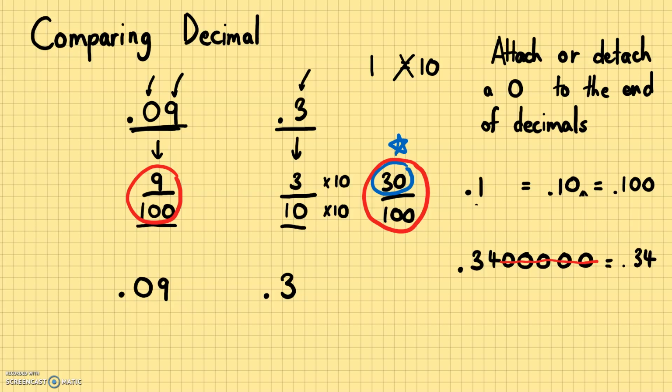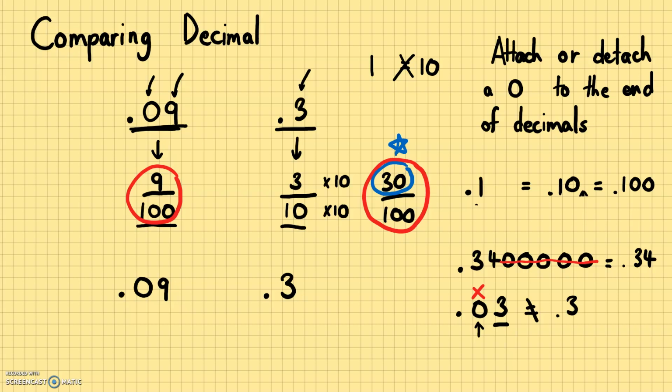But you do need to be careful of where the 0 is. If the 0 is in the middle, so the 0 is not the last number here, there's a 3 after the 0. In this case, you can't just erase the 0. This does not equal 0.3.